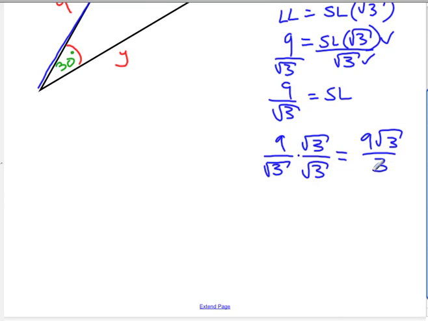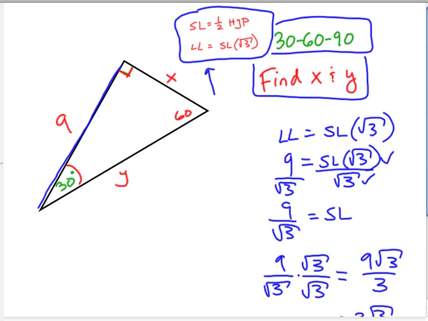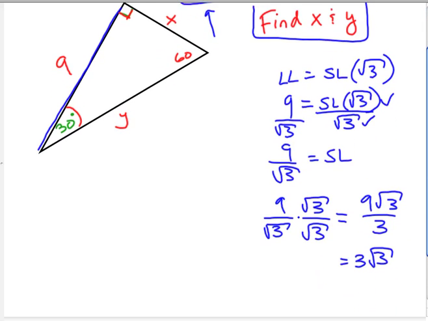Nine times the square root of 3 all over 3, and then of course we can reduce. 9 divided by 3 equals 3. So our answer is 3 times the square root of 3 for the short leg.